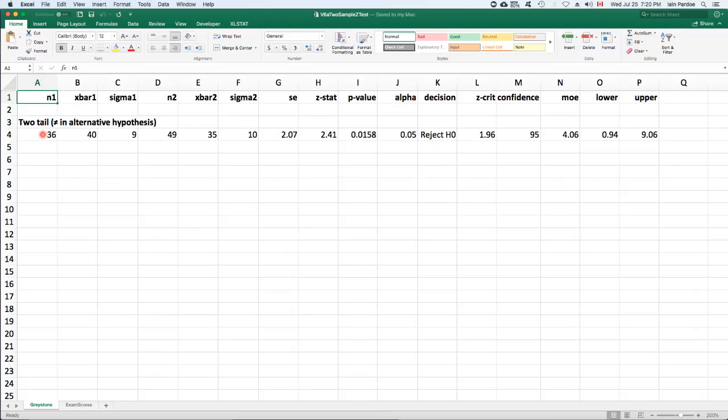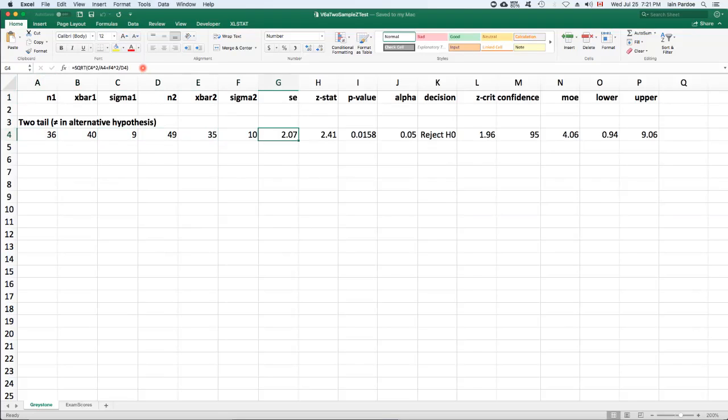At the inner city store, we have 36 customers with a sample mean age of 40, and we're assuming that the population standard deviation is 9. In the other sample, for the suburban store, we have 49 customers, and our sample mean age is 35, and we're assuming the population standard deviation is 10.